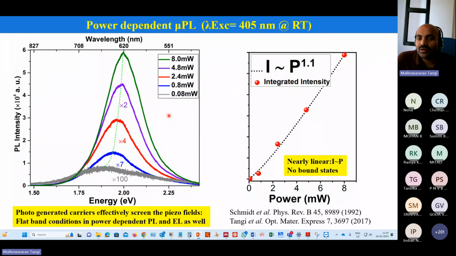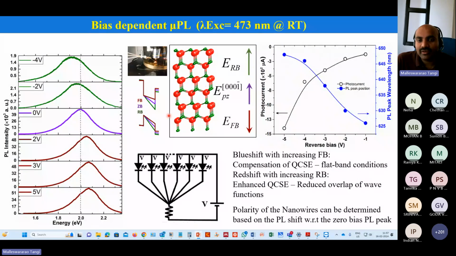We also understand that because of this linear relation between intensity and power, it confirms that there are no localized states in the quantum well, which are called bound states. Thus, we clearly understood that this quantum confined Stark effect dominates in forward bias if we have gallium polar crystals.